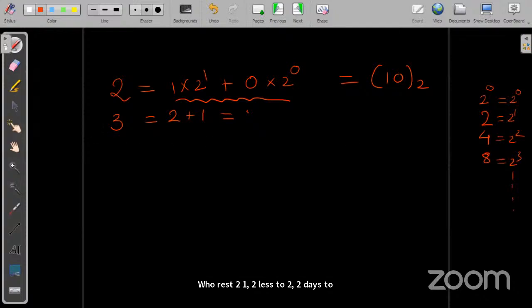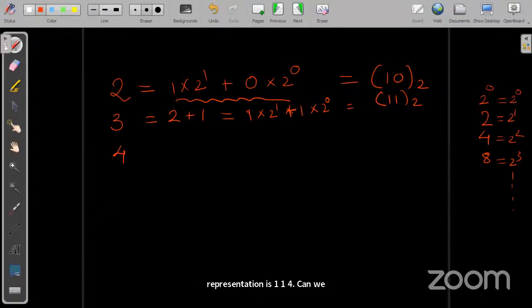So you have to represent the number 3 in this form. I can write 3 as 2 plus 1, so it is 1 multiplied by 2 raised to 1 plus 1 multiplied by 2 raised to 0. So the binary representation is 1 1 for 3.